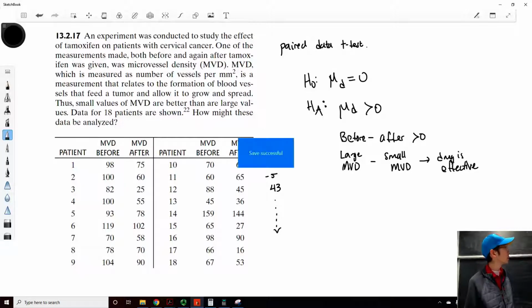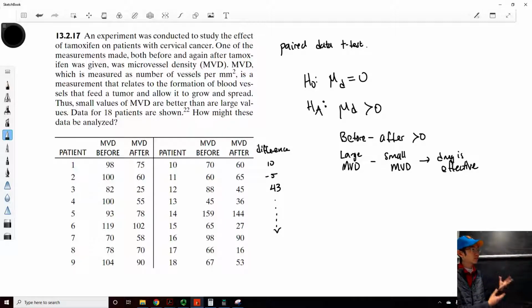So you have to read the problems carefully and see which direction is appropriate. Do we have a greater than or less than sign? These things are hard, depending on how we've done this.